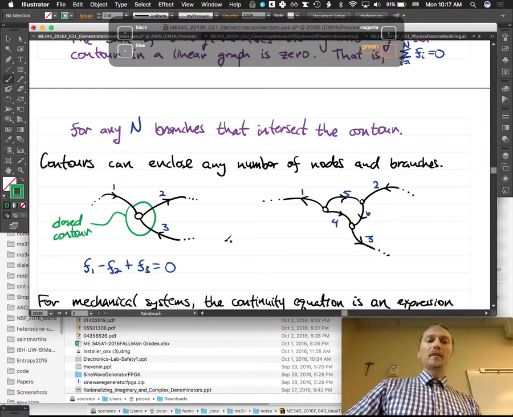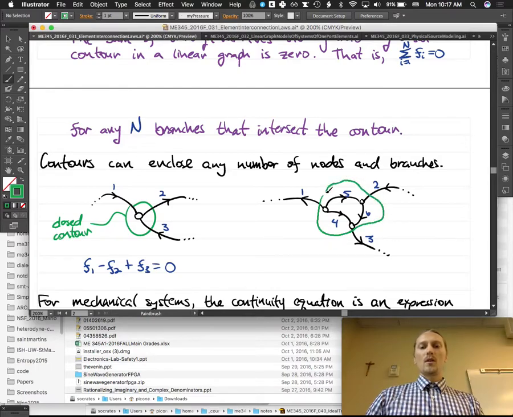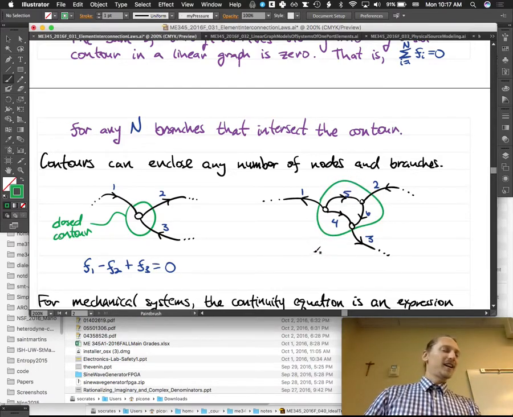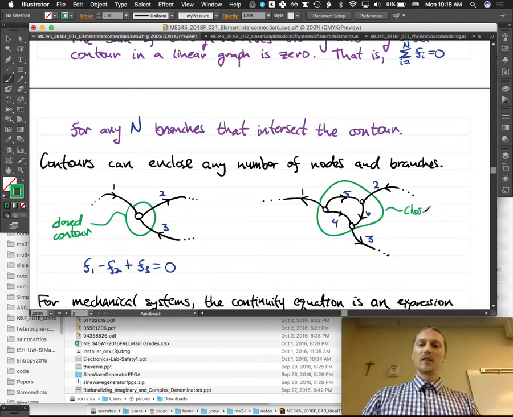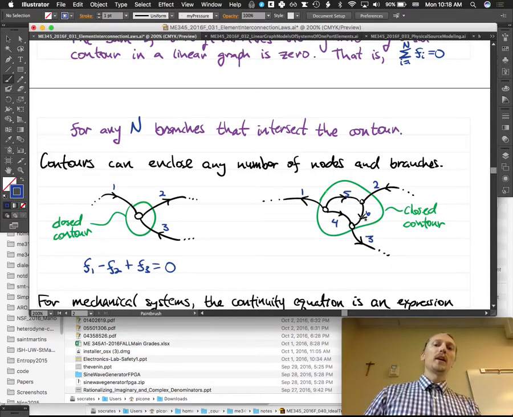But we don't have to limit ourselves to drawing a contour around a node. We could draw a contour around any number of branches and nodes. So let's draw this contour. And this is another closed contour. So now our continuity equation associated with this is going to ignore all of the stuff going on inside of it.